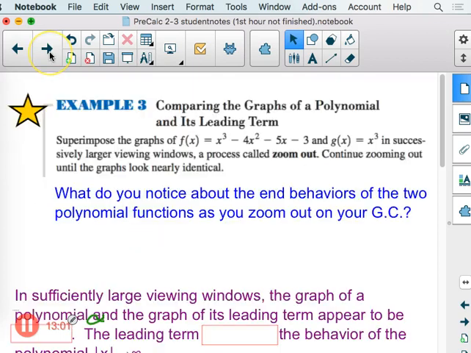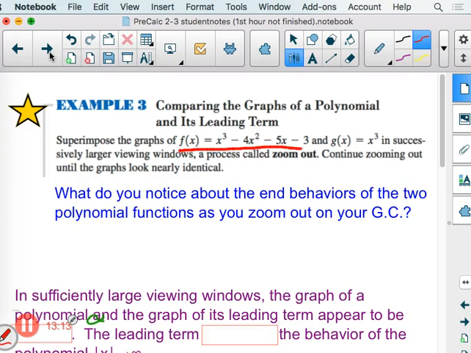So, on to the next piece, which says we're going to compare the graphs of a polynomial and its leading term, which is kind of what we were just doing. Superimpose the graphs of this monster and then this little parent function in successively larger viewing windows, a process called zoom out. Continue zooming out until the graphs look nearly identical.